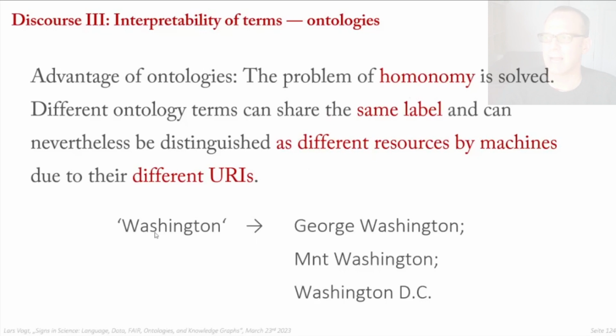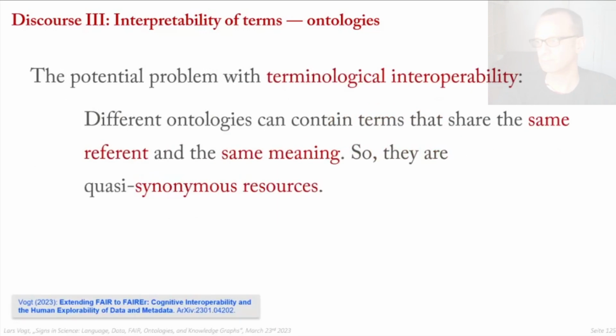So it could be that I use the term Washington to refer to George Washington, to Mount Washington, to Washington, D.C. A machine wouldn't care because I would still have 3 different URIs that refer to these different entities, although each of them would have as a label assigned to it Washington, which of course we wouldn't do, but it would be possible for a machine to still distinguish them. And also for us, if we take a look at the URIs.